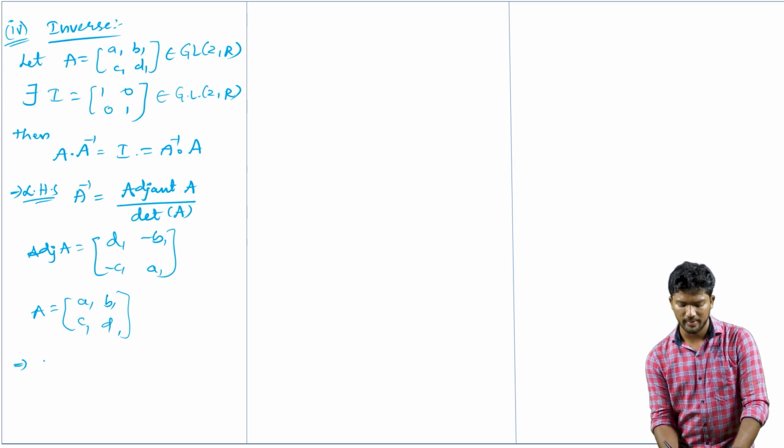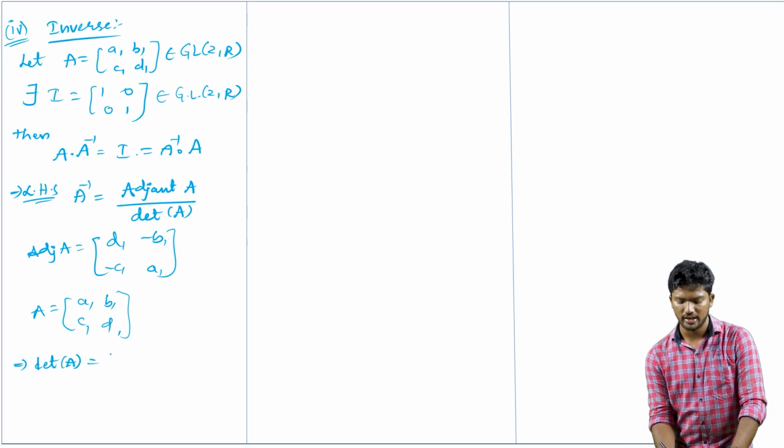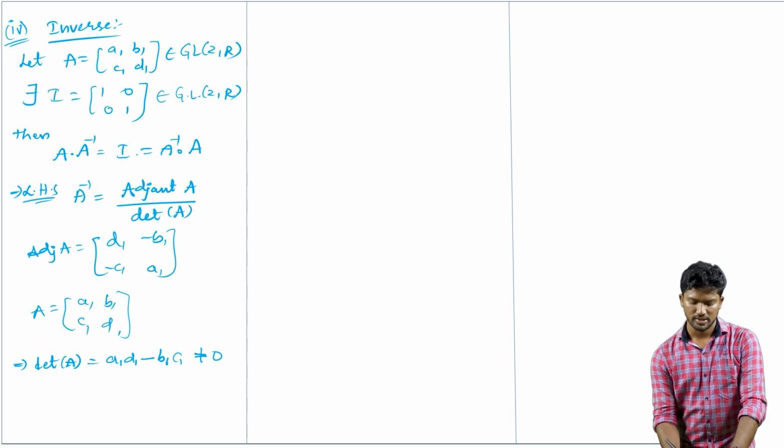Now det of A is nothing but A1 D1 minus B1 C1. This det value is always not equal to 0. So now substitute these values in A inverse.